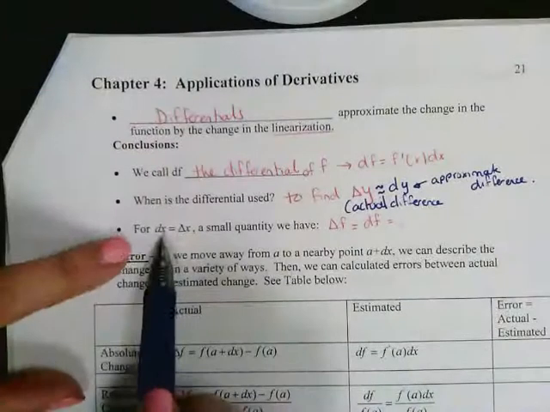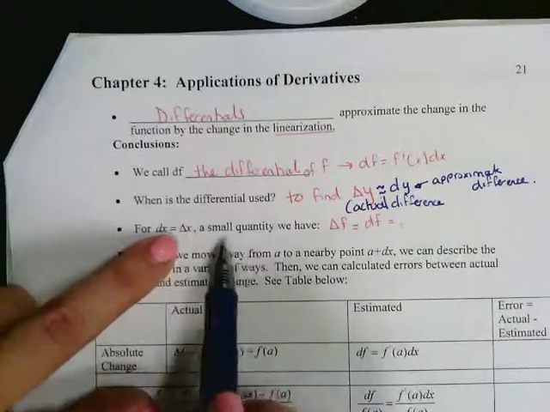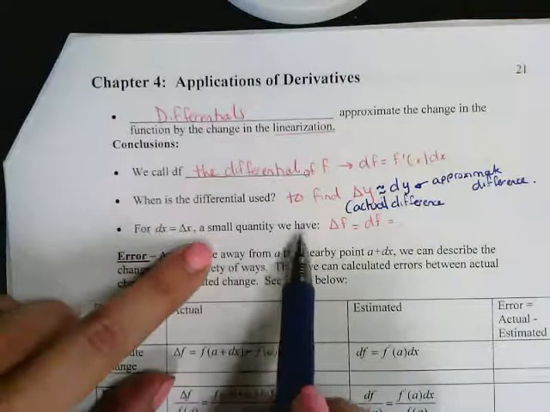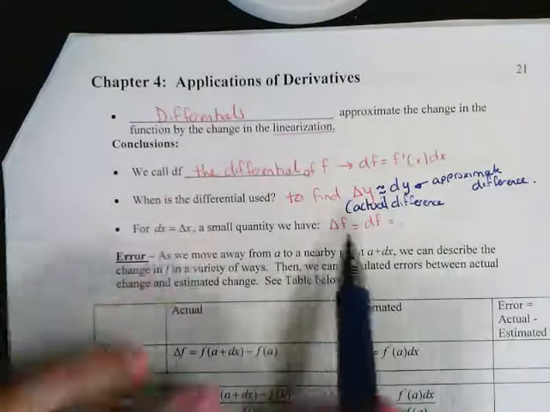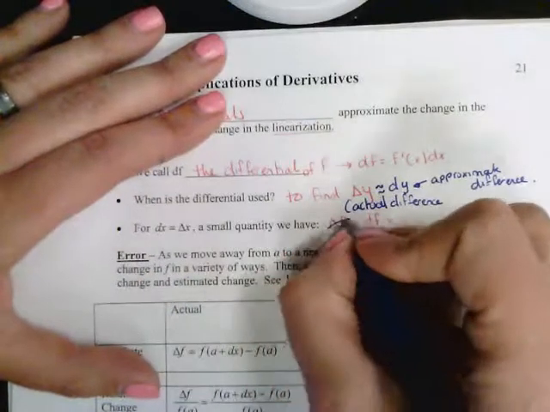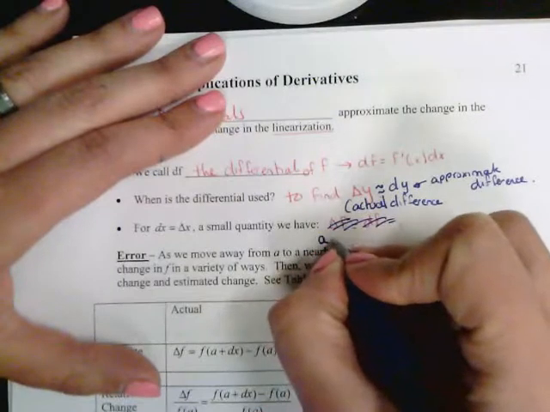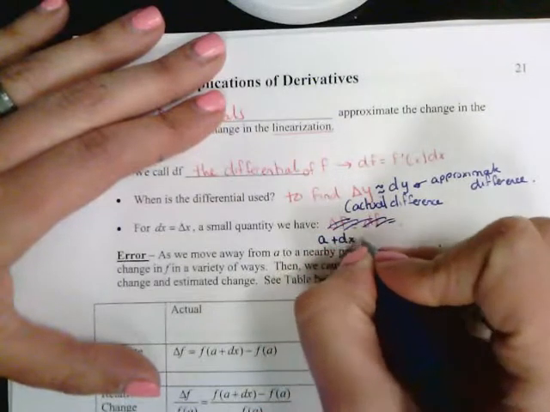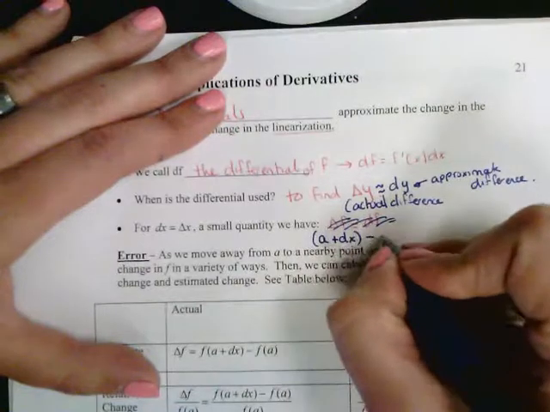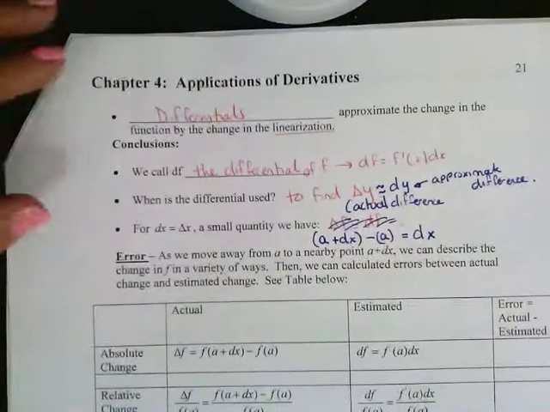For dx, dx is the same thing as saying change of x, a small quantity that we have. So let's cross this out. The idea is a plus dx, the new point, minus a, you're left with dx.